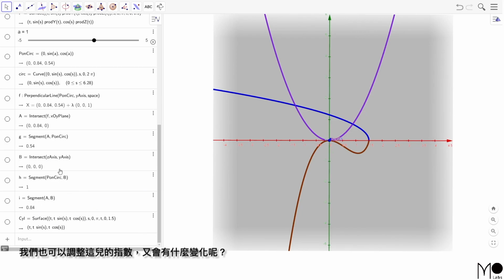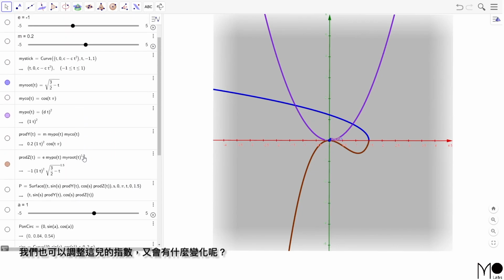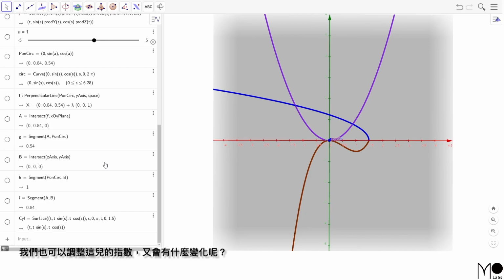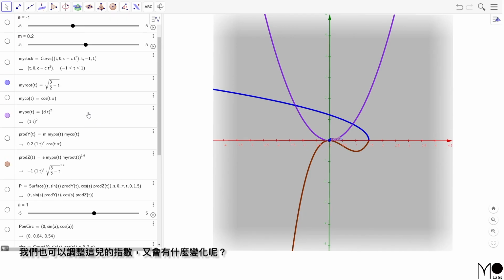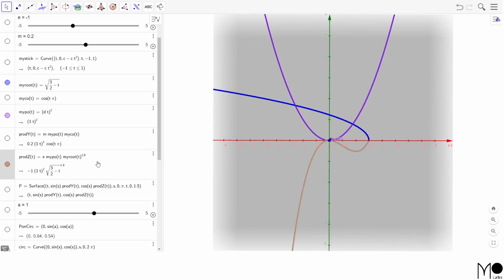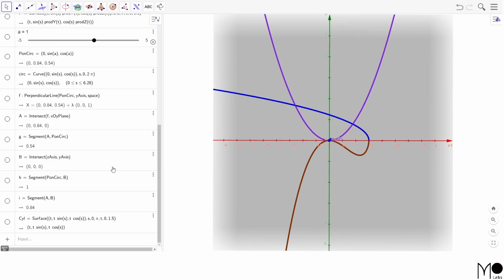Where is it again? I lost it. It's up here. Or we can almost go to an exponent of 2. As you like. Maybe a factor of 1.5, 1.2 is nicest. Choose what you want.